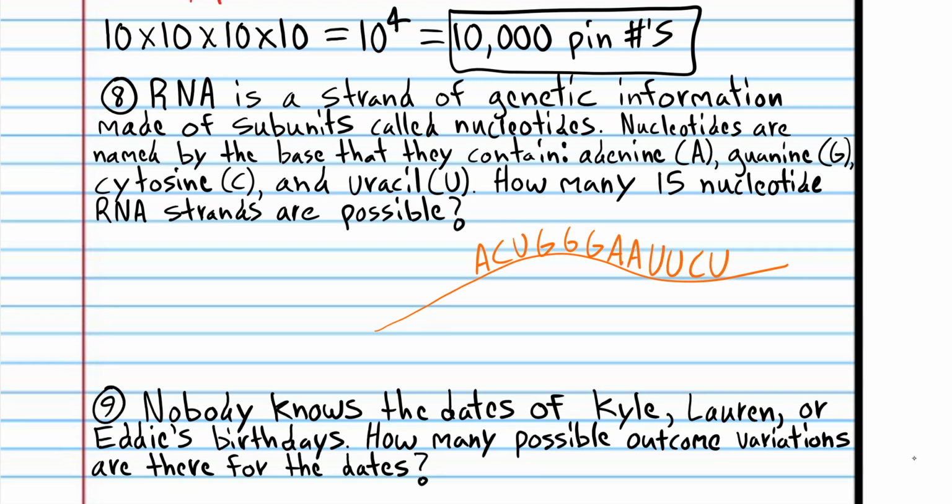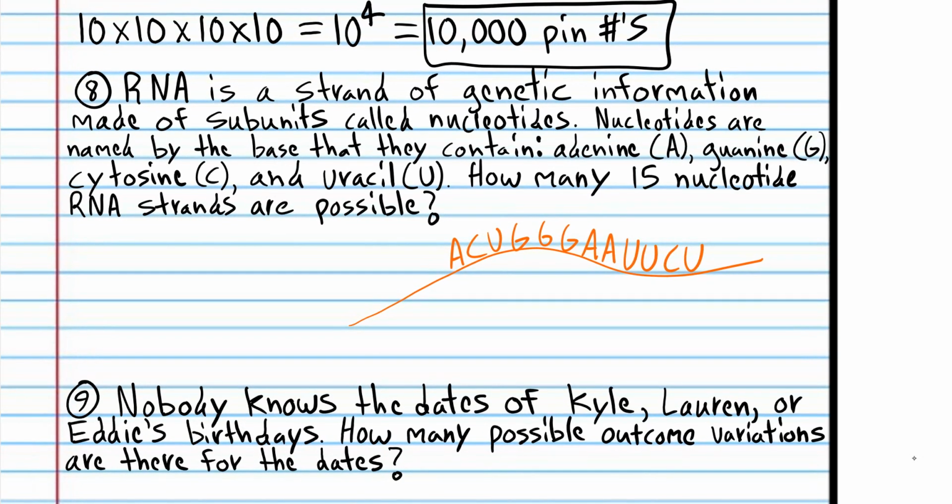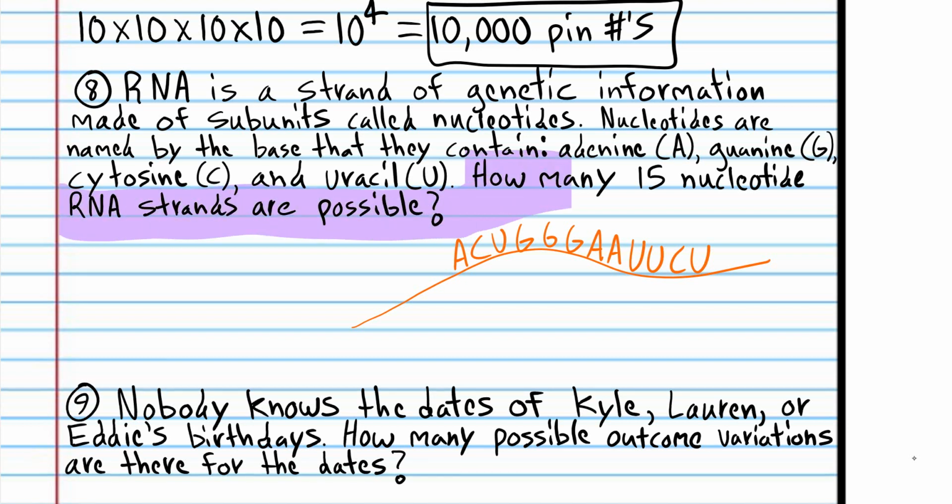We can have any order of these letters. And when you combine these letters on an RNA strand, you have a particular gene. Now, technically in the real world, not every combination would give you a functional gene, but we just want to know how many different strands are possible based on how we can permute the 4 different nucleotides on RNA strands.